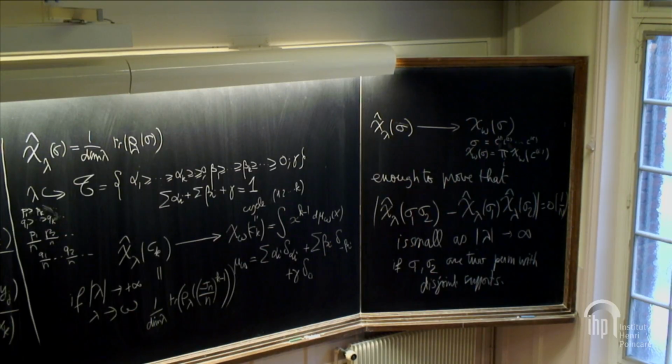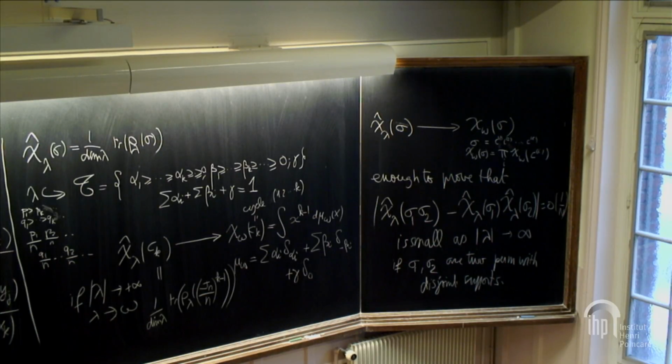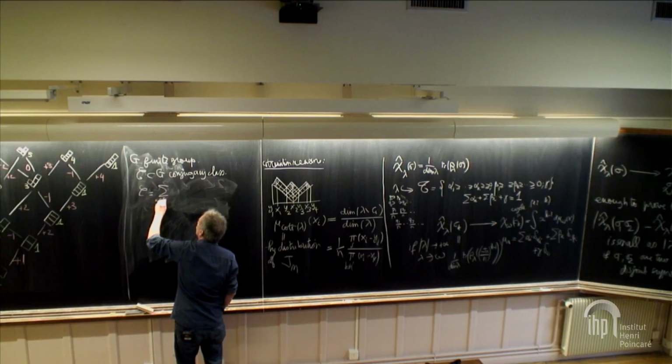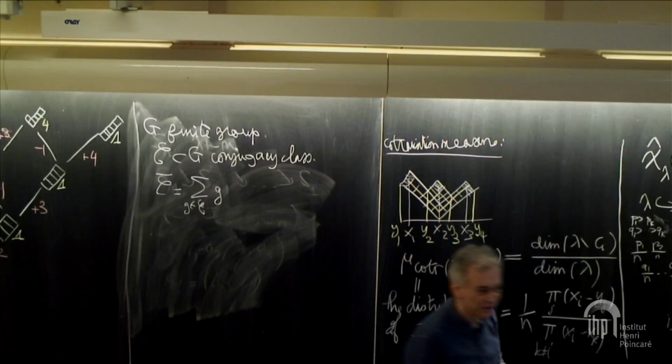So, I make just a first comment. Take a G, a finite group, and take C, a conjugacy class in the group. Okay, so all elements which are conjugate to some element in the group G. Let me denote by C bar, if you want, just to distinguish it, the sum.